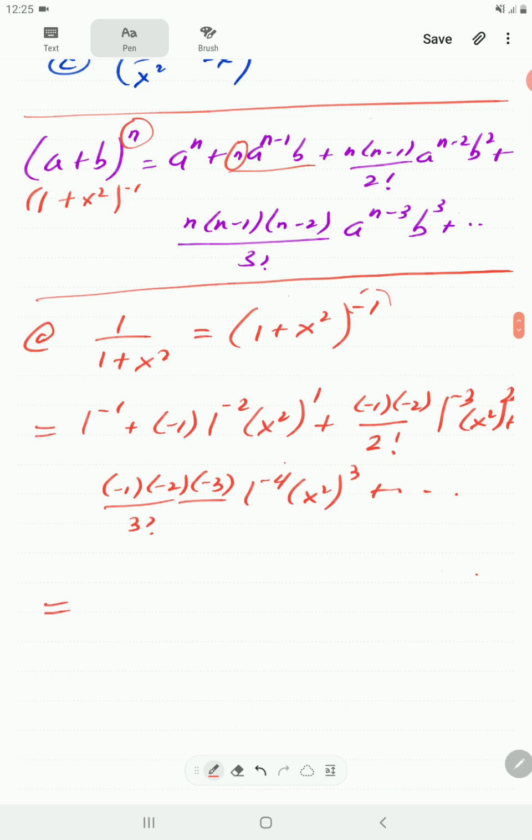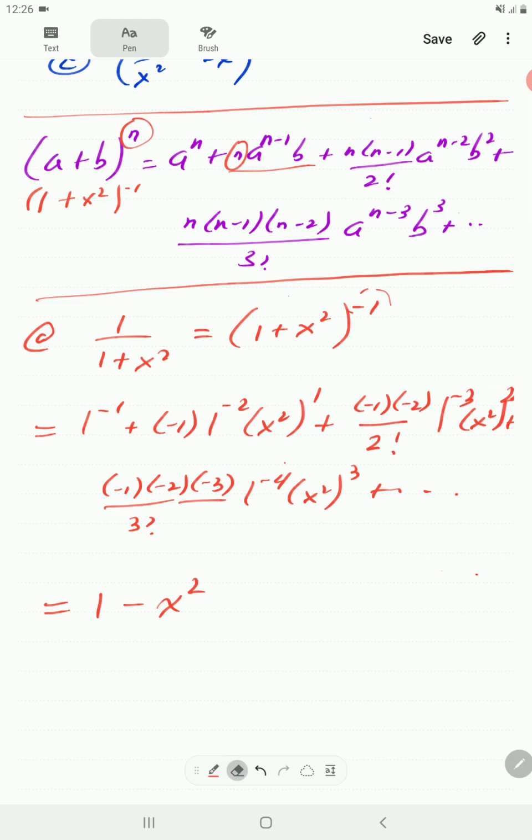Now we know that 1 raised to n power is 1. So the first term is just going to be 1. The second term is going to be negative 1 times x squared, which is going to be negative x squared.